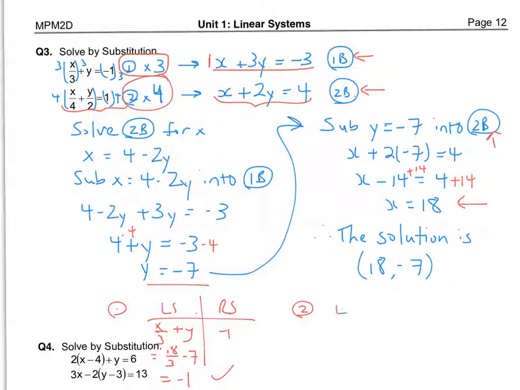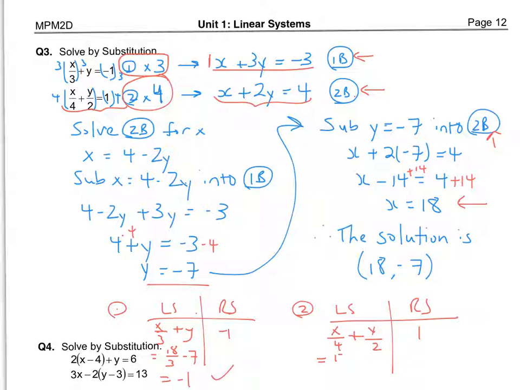And then I check equation number 2. This is just another way to know on your test whether you got the right answers or not. You can always go through at the end and double check your work and make sure that they all work out. We have x over 4 plus y over 2, and that's equal to 1 on the right side.